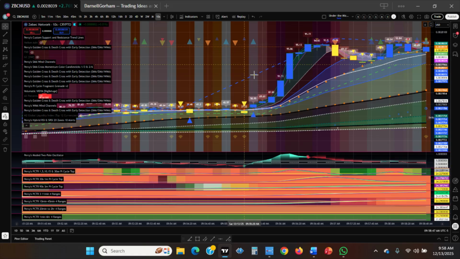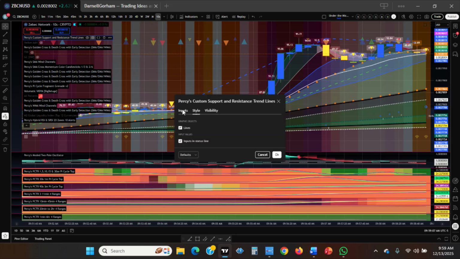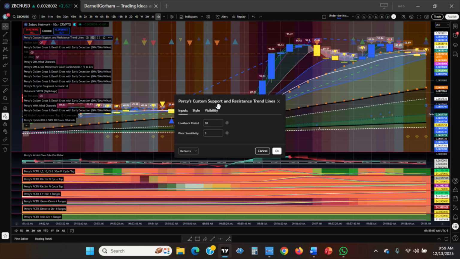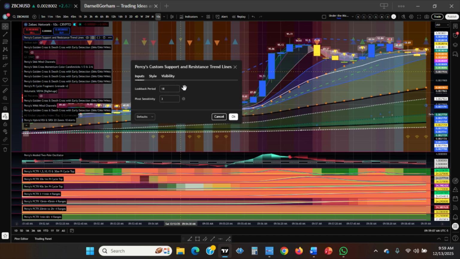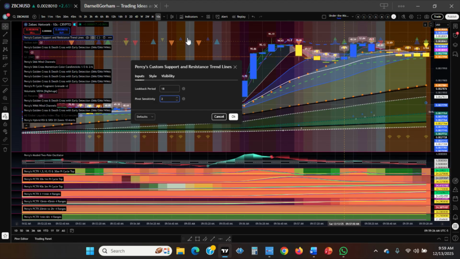It's predictable. If I double click on here, and I might not be able to do it exactly, let's just go here to the settings, because 18 and 3 is almost like a sweet spot setting. We can adjust the sensitivity of these indicators here. And if I adjust it too much, then it's just going to be further confirmation of what's happening between the 2 and the 6, golden cross and death cross, which is consisting of the red and the greens.